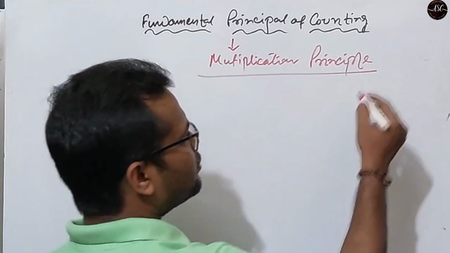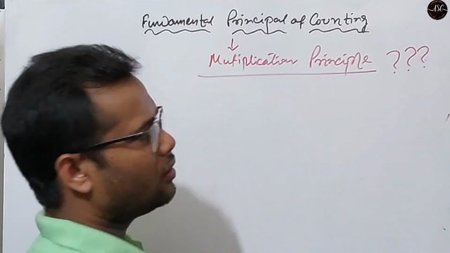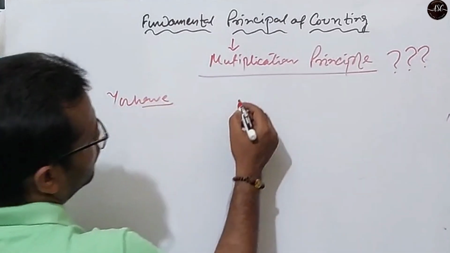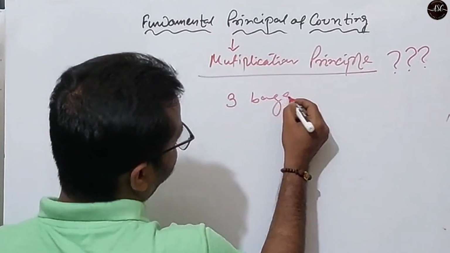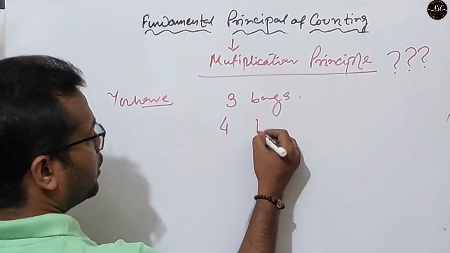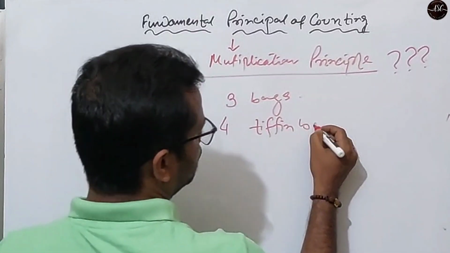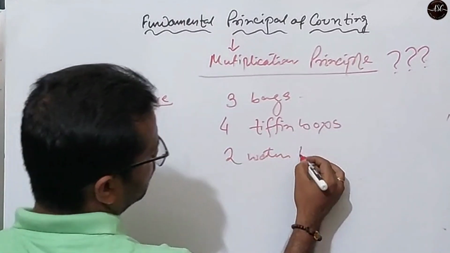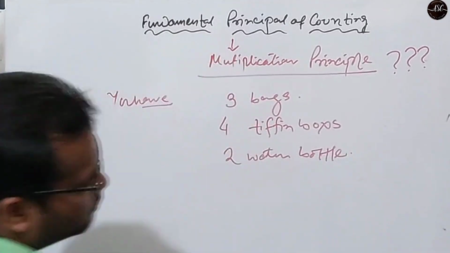So why is it called the multiplication principle? Just see, you have 3 bags, 4 tiffin boxes and 2 water bottles.